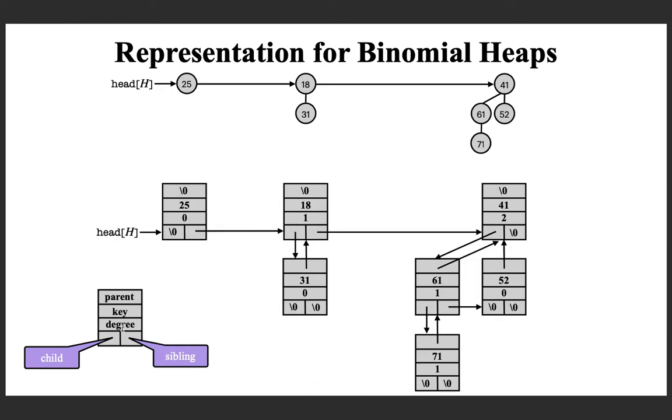The fields are parent. That means if you are looking at this node, the parent should point to the node 18. Then key must be 31 in this case. Then degree of this node is 0. And if you look at this node, it is 1. Then the child and sibling, these are the fields.